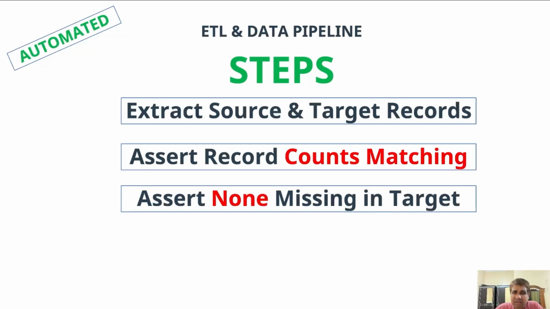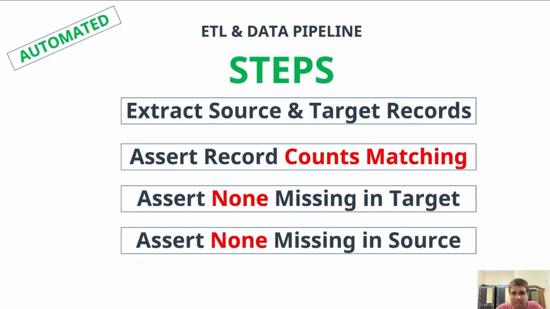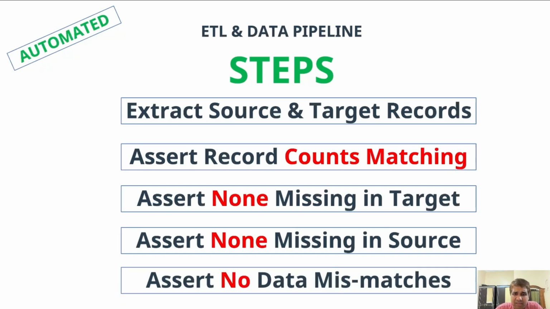Assert nothing is missing in the target. Assert nothing is missing in the source, which is extra in the target. Assert no data mismatches. You have the data present in source as well as in target, but they're not matching. So these are the very high level steps you have to follow.